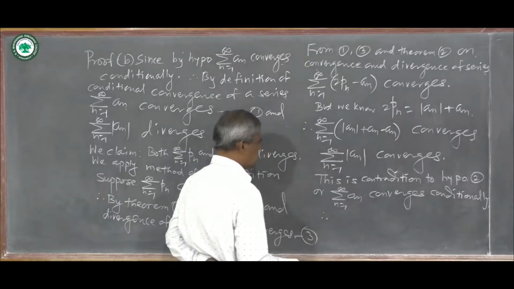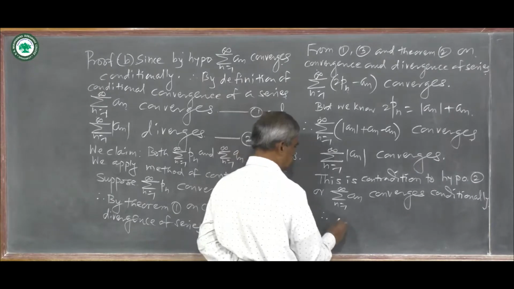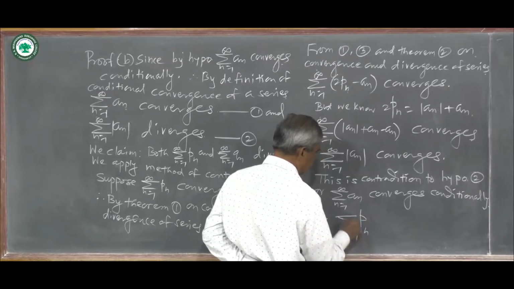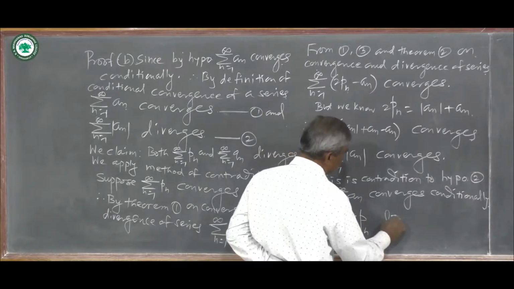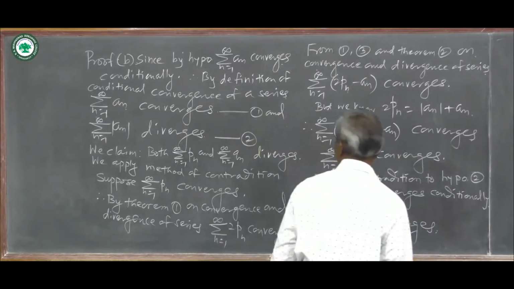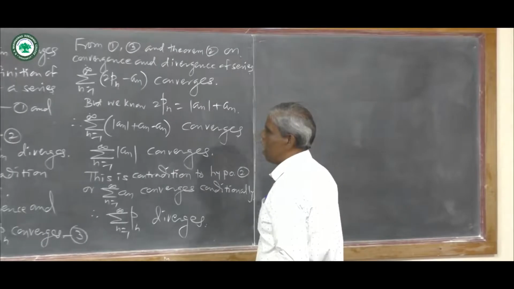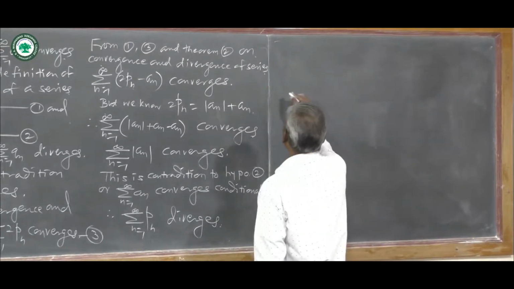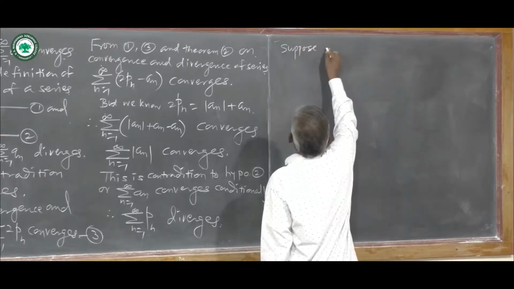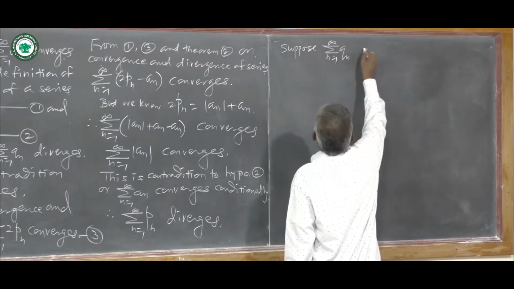Therefore, sigma pn, n is equal to 1 to infinity, diverges. Similarly, if possible, we suppose that sigma qn converges. Suppose sigma qn, n is equal to 1 to infinity, converges.